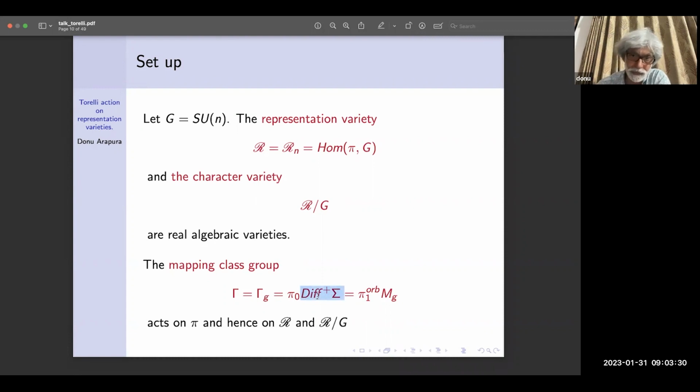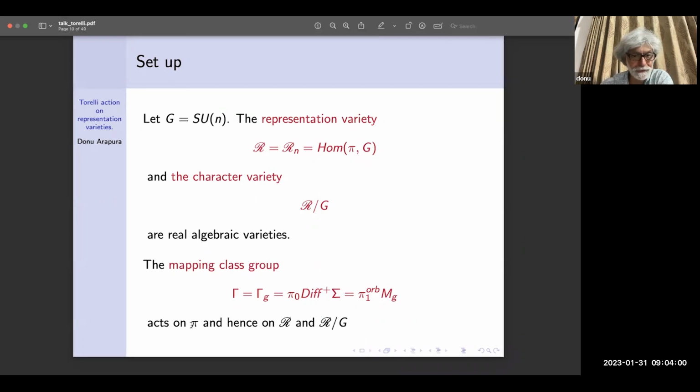That's a huge group, but just take the connected components, pi naught, and that'll give you a discrete group. Or from a more algebraic geometric point of view, if you take the moduli space of curves, it's the orbifold fundamental group. There are the usual problems which I'm going to ignore, which I think everyone knows.